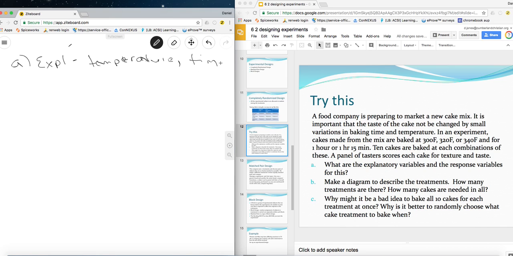So one was a little bit longer than the other. The response variable is what are we measuring. So if you notice at the very last sentence, it says the taste testers are scoring each cake for texture and taste. So what we are looking for is texture and taste as our response.